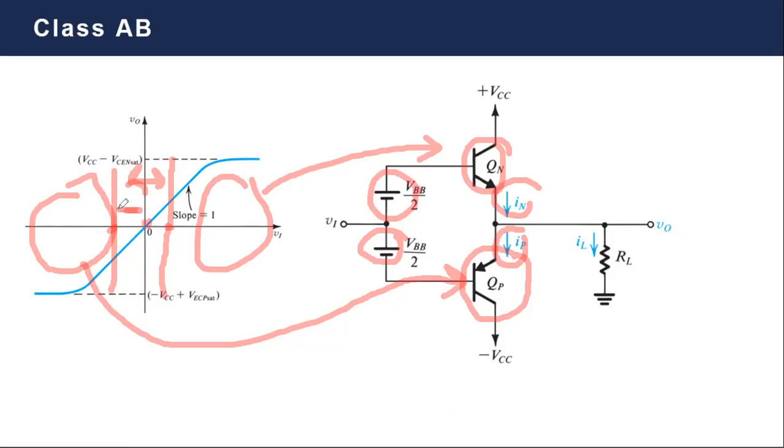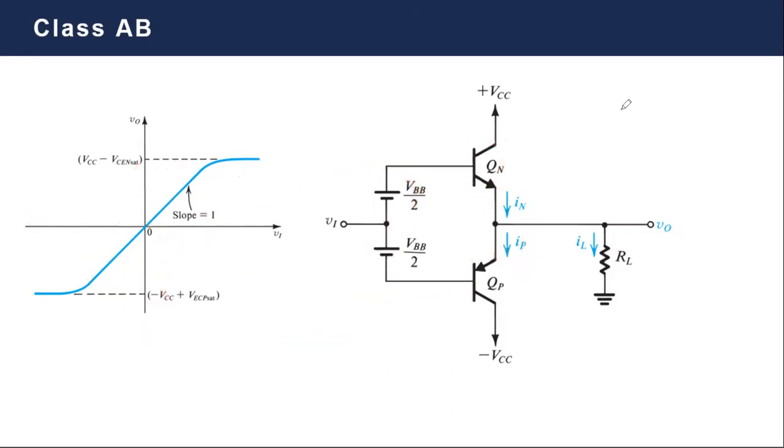So in the negative region, QP is getting more current, QN is getting less current till we reach this point where QN totally turns off. And the operation here will be due to QP. So this is how we manage to solve the problem we face in a class A or a class B current amplifier, to have nearly the same efficiency, but with a full cycle of operation.